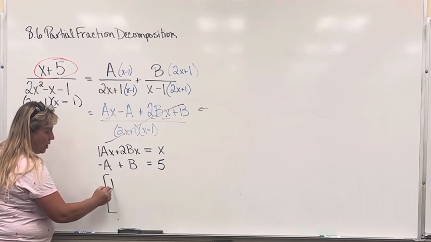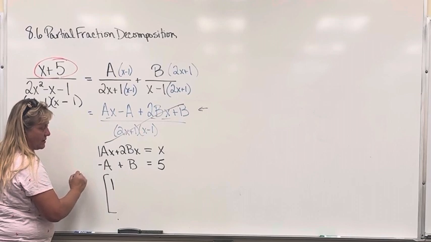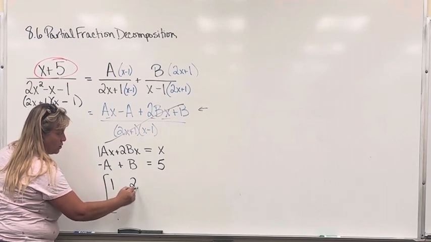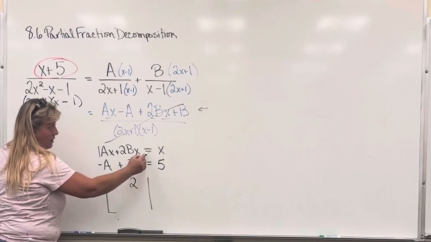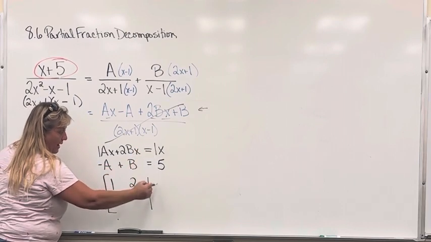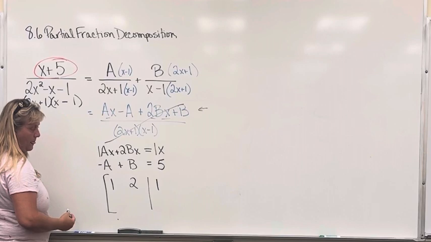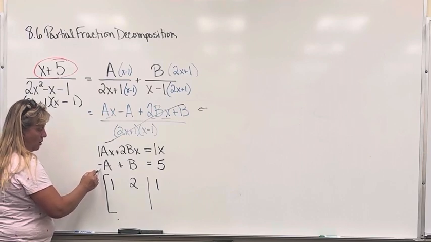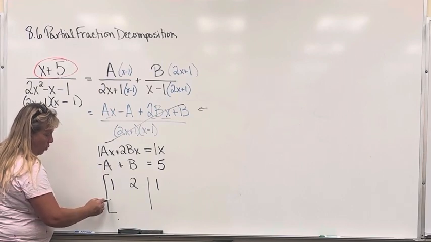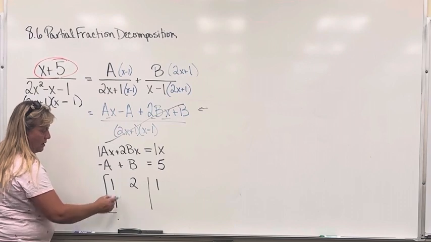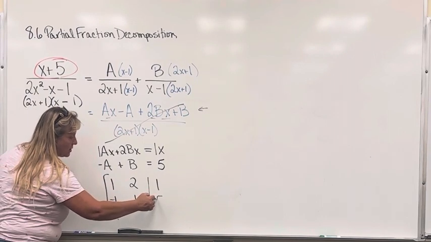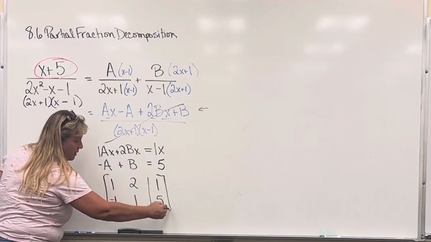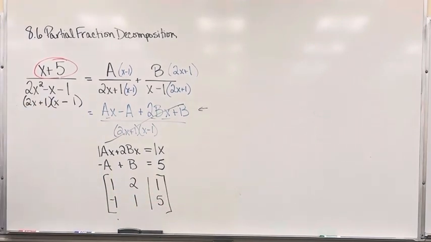So we're gonna go 1, leave off the AX, plus 2, leave off the BX, and then here's our line, equals 1x, so we're gonna put 1. Now, down below, we're gonna have negative 1, leave off the A, plus 1, leave off the B, equals 5. So there is our matrix.